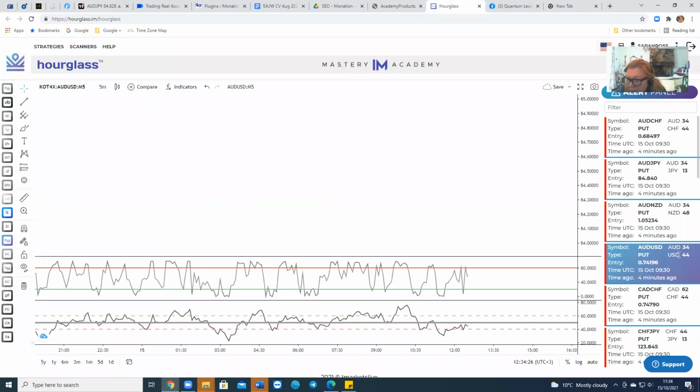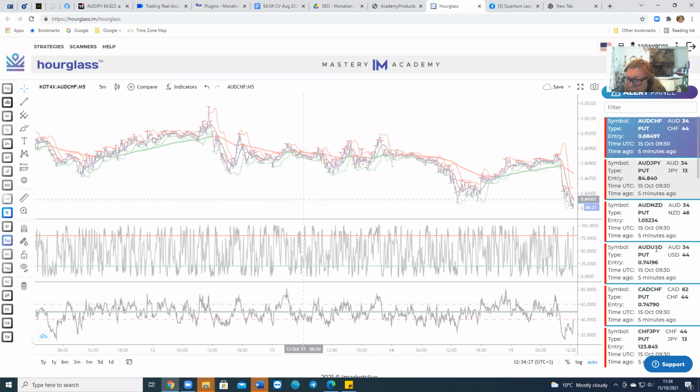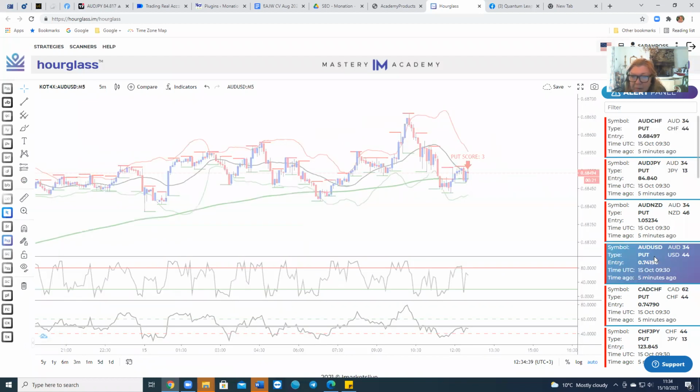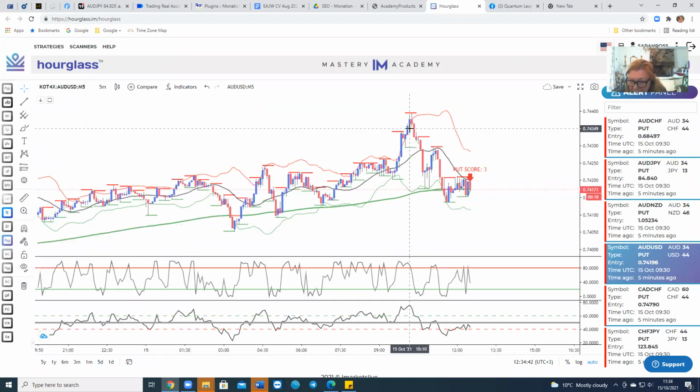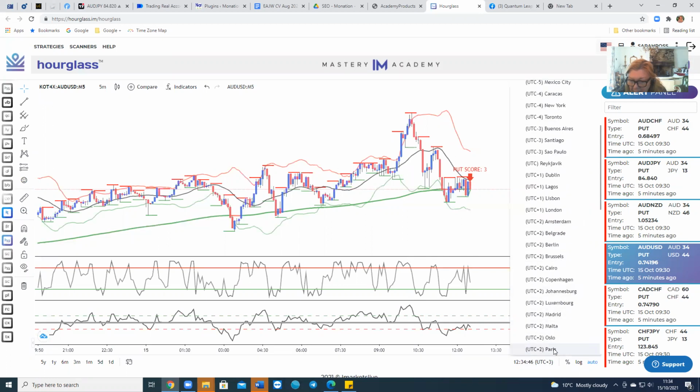Look at HourGlass, that's 34 Australian dollar to 44 on the Japanese yen. So Australian dollar is very strong this morning, so it's now made its turn. I was looking at it there as it moved up to that higher level.